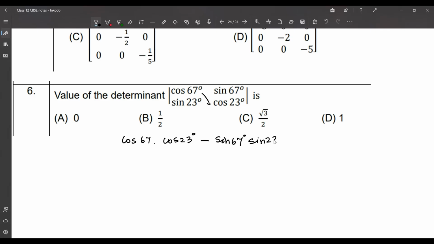This is of the formula cos A cos B minus sine A sine B, which is cos of A plus B, which is equal to cos of 67 plus 23. So the answer is cos 90 degrees, which is 0. So option A is the correct answer.